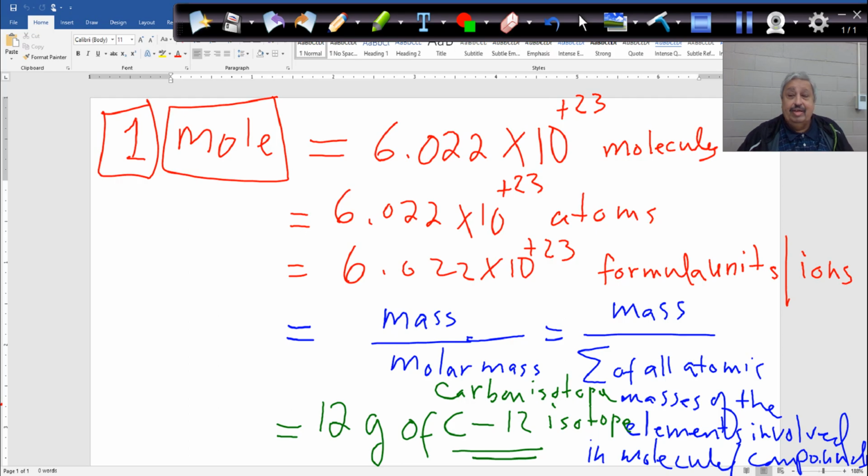Make sure you have a picture of this because that's not in the PowerPoints, and even the final exam will not give you all these numbers. Maybe Avogadro's number, but all the stuff here will not be given. So 1 mole is equal to Avogadro's number of molecules, atoms, formula units, or ions. And the mole is the ratio of mass over molar mass. And really, a mole is 12 grams of the isotope carbon-12. So that's the definition of a mole.